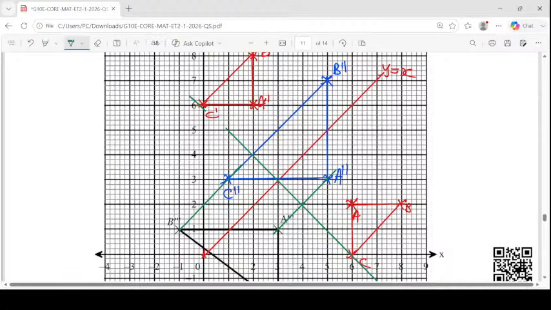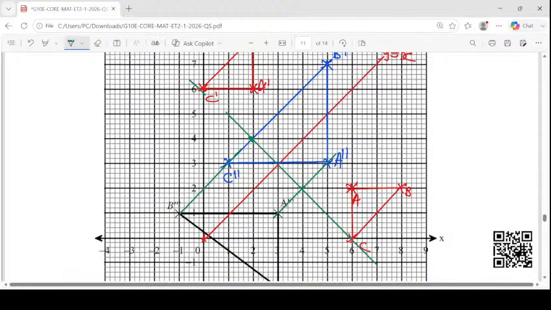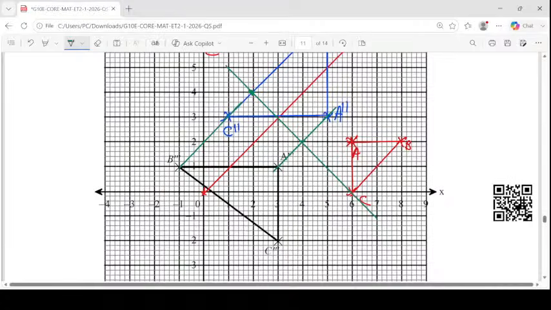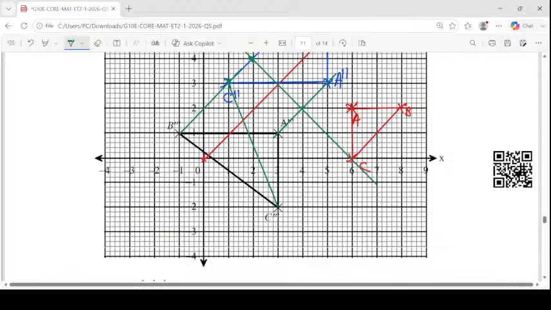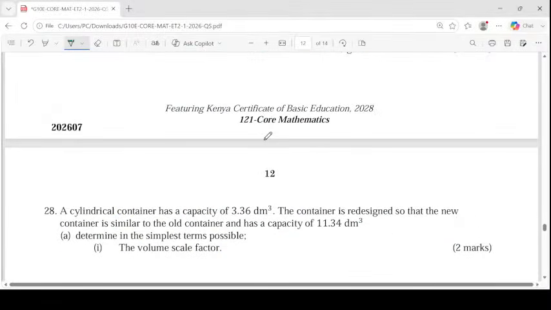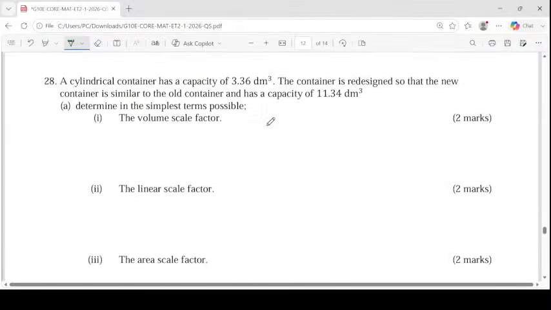I've joined B to B prime and bisected. Let me join C to C prime and bisect. I don't have the construction tools, but where that perpendicular bisector will meet will give you the center of rotation.